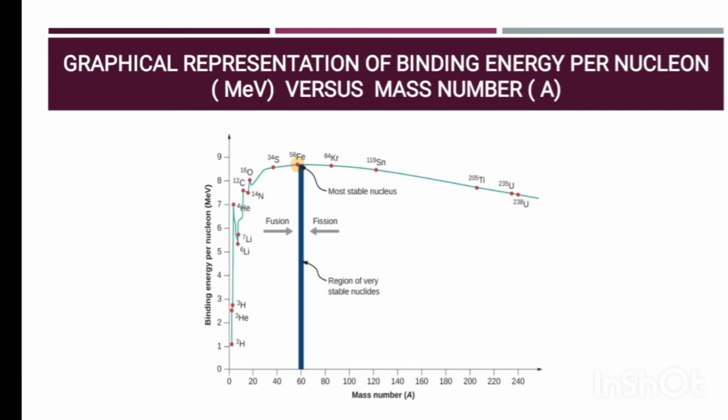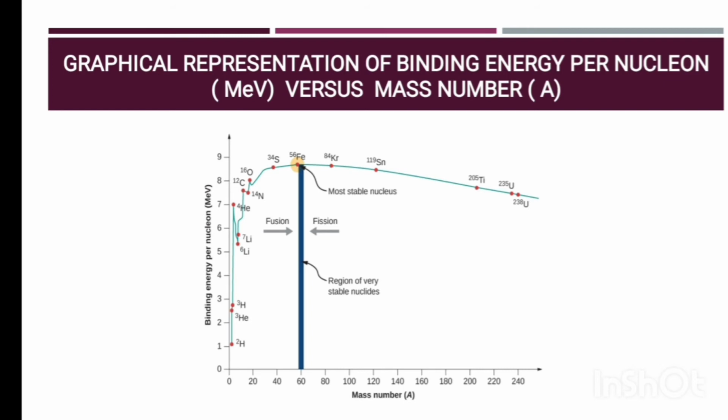This is the graphical representation of binding energy per nucleon with respect to mass number. Here, the graph is plotted between binding energy per nucleon along the y-axis and mass number along the x-axis. We can see that the curve rises steeply at first and then progresses gradually until it reaches a maximum value of 8.79 mega electron volt at mass number 56 corresponding to iron, and then it decreases.